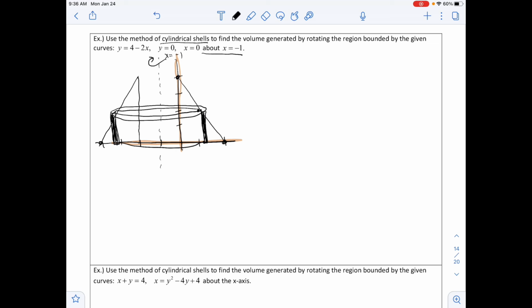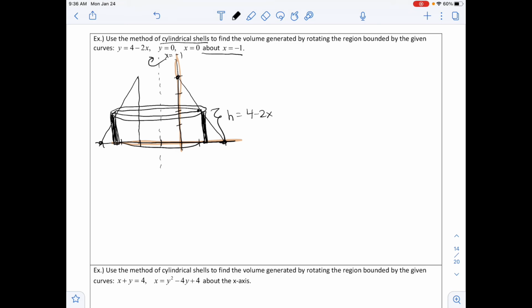And we're using the method of cylindrical shells to find the volume. And so just like what we saw before, the height is going to be equal to the height of that function, since this time we're only dealing with one function and it's then laying on the x-axis. That height is going to be equal to 4 minus 2x. So just by that function.